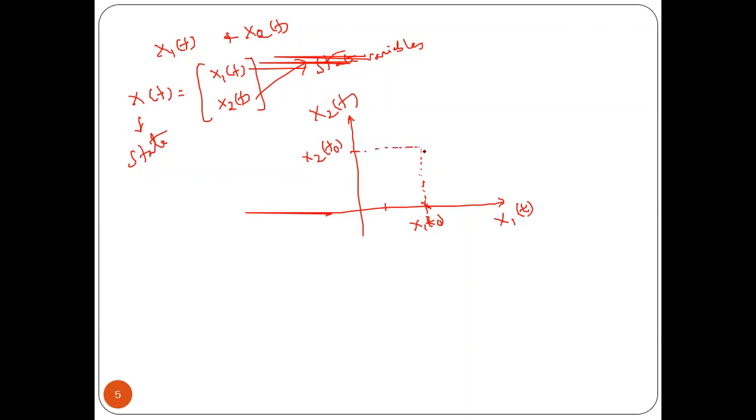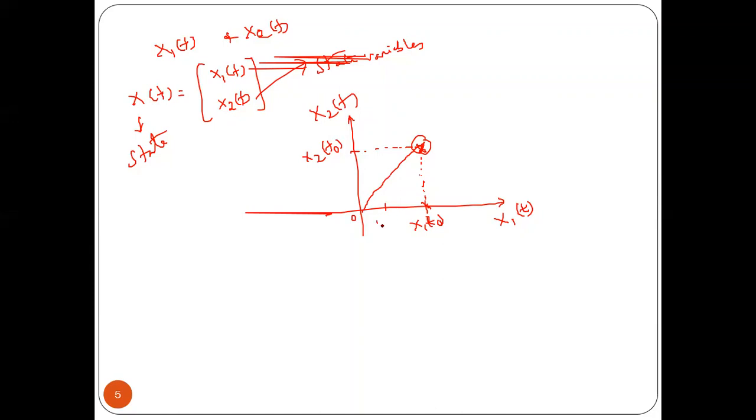Then combinedly we can place one value at this intersection point. So this plane is called the state vector: from this origin, what is the vector to this point? State vector.